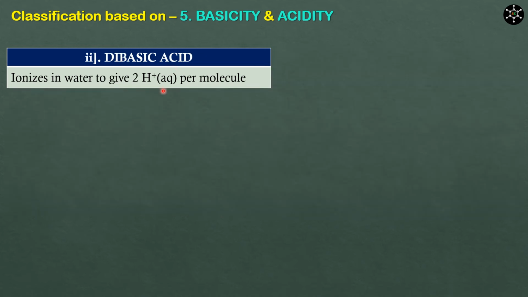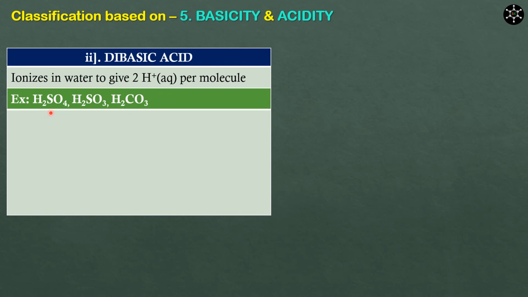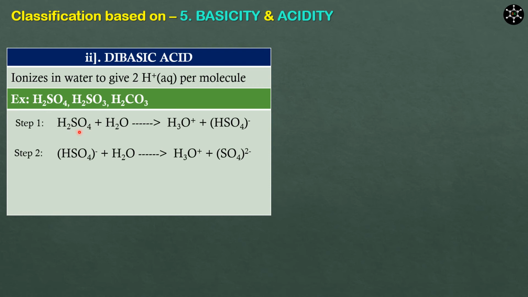Dibasic acid ionizes in water to give 2 H+ ions per molecule. Examples: sulfuric acid, sulfurous acid, carbonic acid, etc. Usually, dibasic acids dissociate in two steps. Let us understand with sulfuric acid. In step 1, sulfuric acid loses one hydrogen atom, giving one hydronium ion and one HSO4- ion.